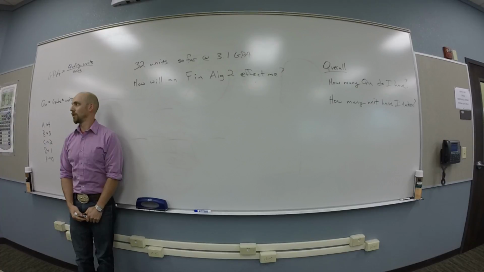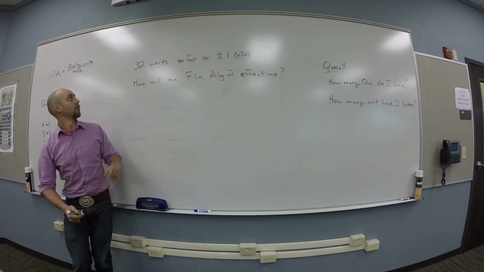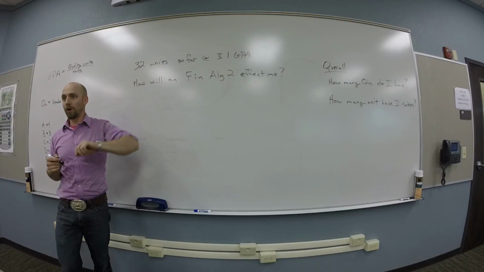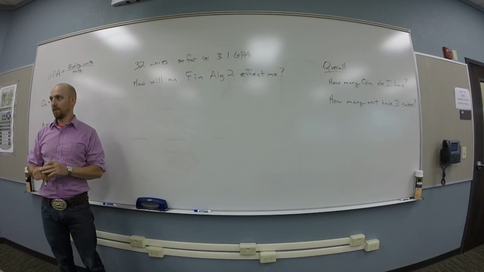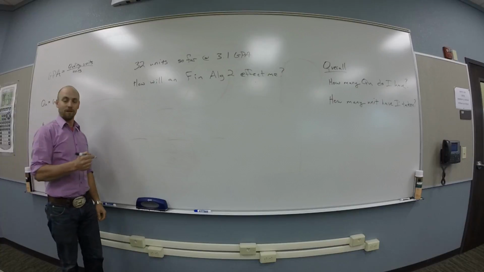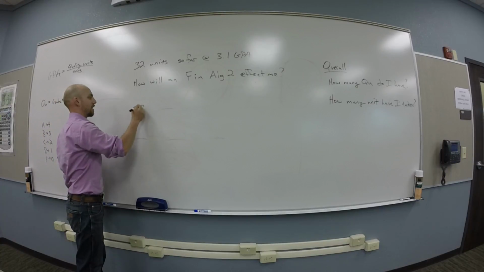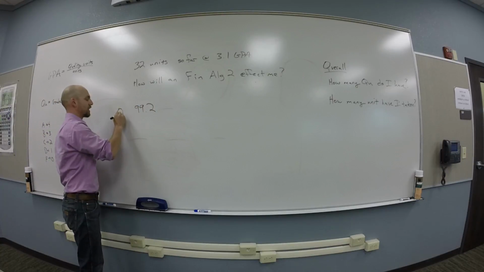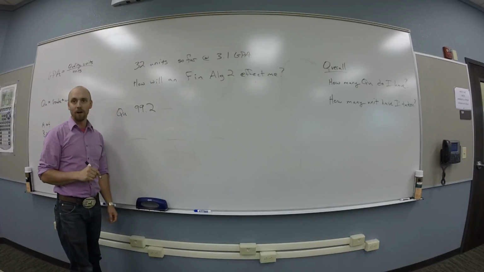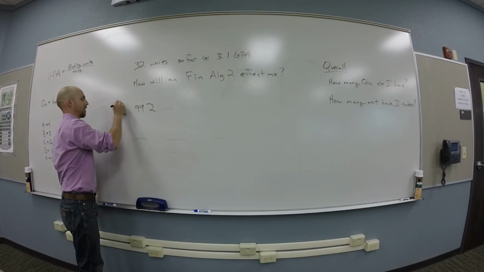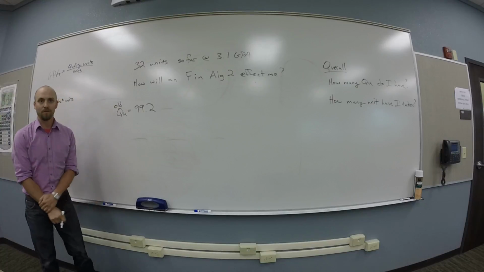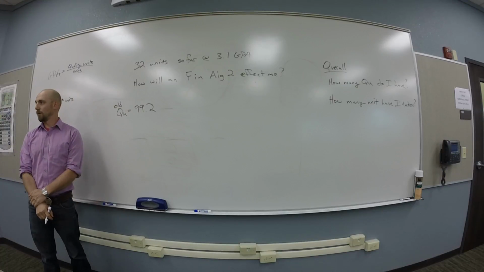How do you actually figure out exactly how many quality units you have? Multiply units by your GPA. Okay, so what's 32 times 3.1? 99.2. So this is how many quality units so far, right?